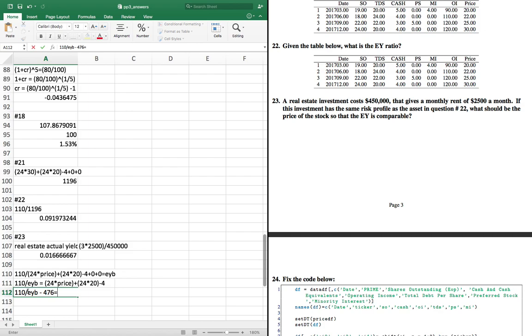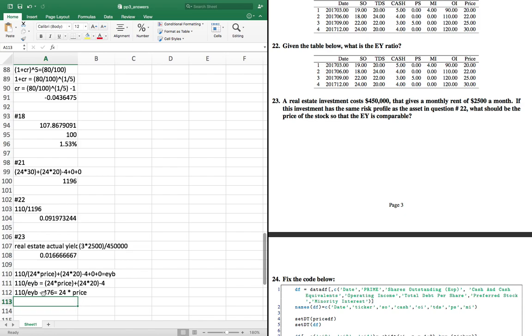We're left with 24 times price. The 476 is basically this part, 24 times 20 minus 4, 480 minus 4, which gives me 476. Move that over, so it becomes minus 476, and this equals 24 times price.